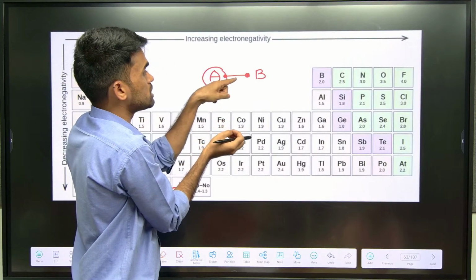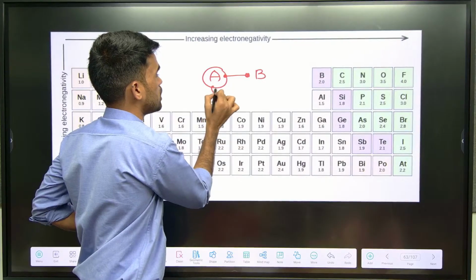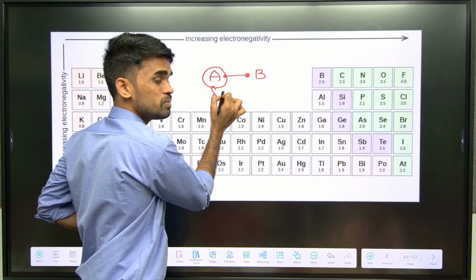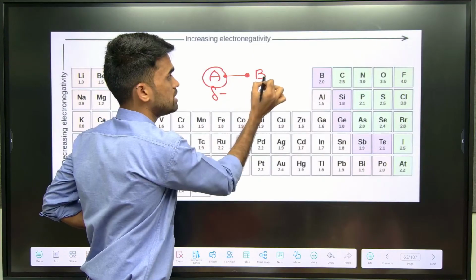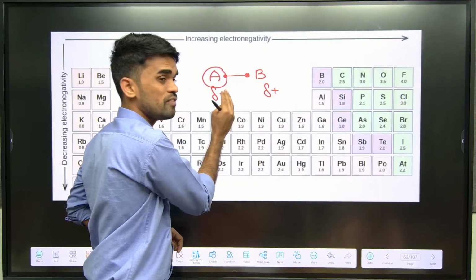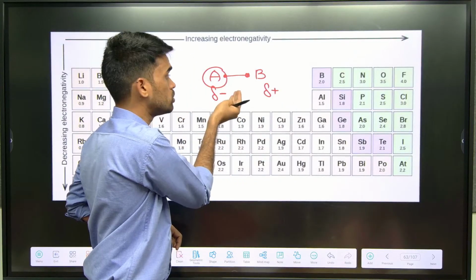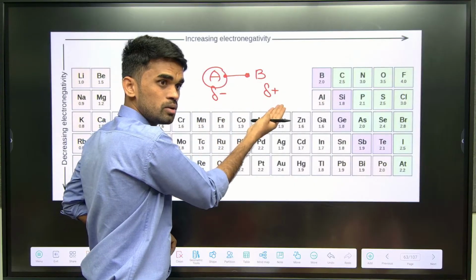Now these electrons will lie on which side? A side. So it will get a partial, electrons means positive or negative? Negative. So partial negative charge on A, and the other will be like that. So who is more electronegative? A. So that element will get a negative charge. The other will get a positive charge.